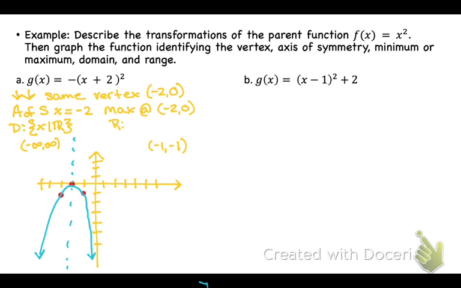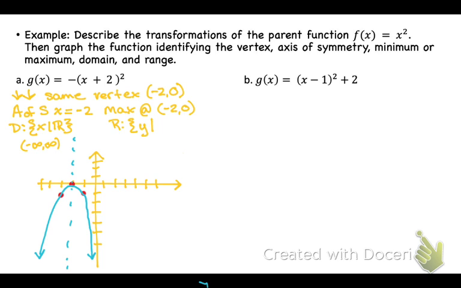Okay. Range. Range of the y's. What's the smallest y? Negative infinity. Okay, so what's the biggest y? It stops at 0, right?